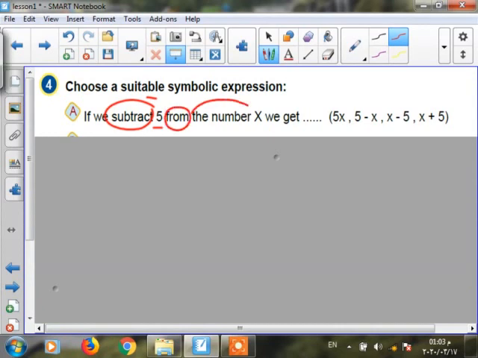What is the number after from? The number x. So I will start from x and subtract, meaning minus 5. So the result will be x minus 5.